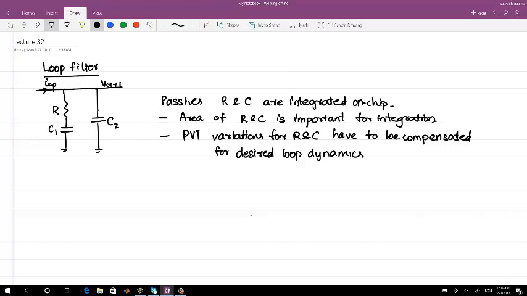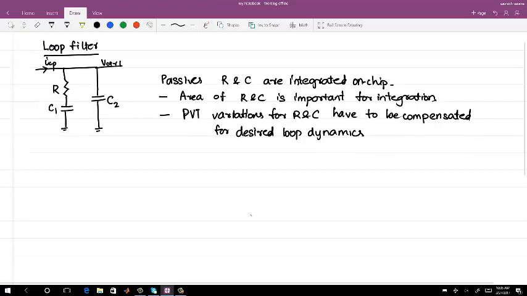And surely you do not want to waste one pin just to take the capacitor out. That used to be done long back, and may still be done for a very low frequency PLL where you want a very low PLL bandwidth and cannot put the capacitor on chip. You may still use the off-chip cap, but surely that is not what we are looking for. We are looking for integration on chip.